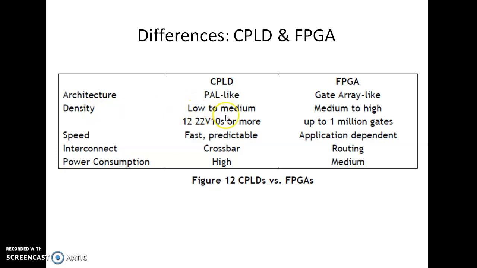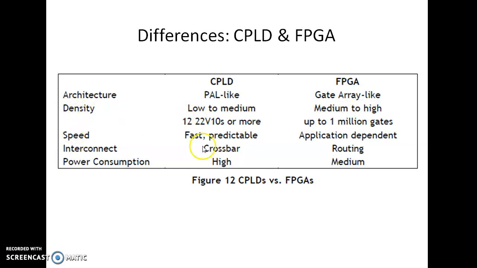The density is low to medium for CPLD. That means at most you can incorporate a medium number of gates per unit area, and for FPGA it is medium to high. That means you can incorporate more gates per unit area so that you can realize more complex functions in less area. That is called the density.